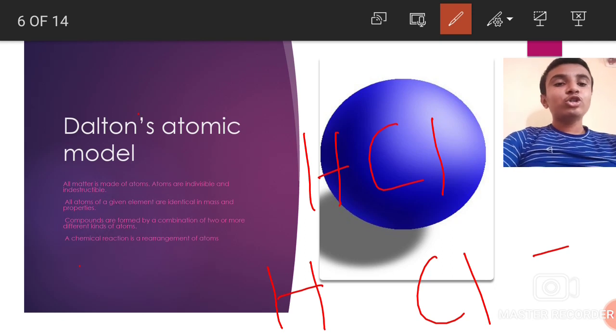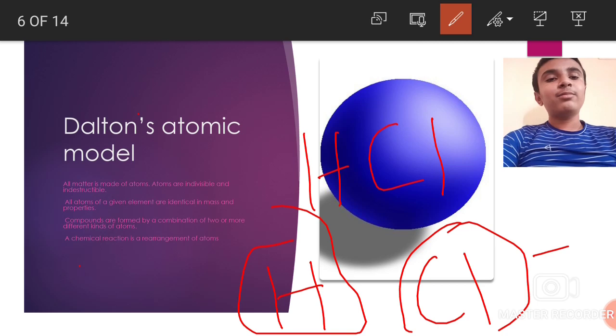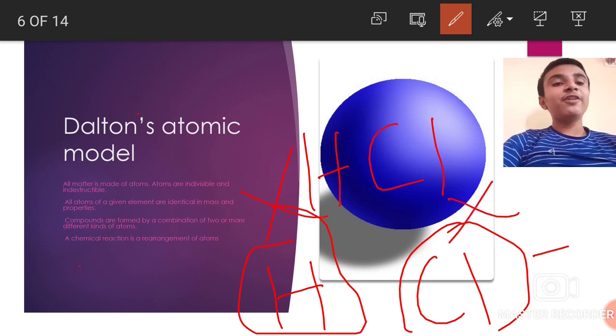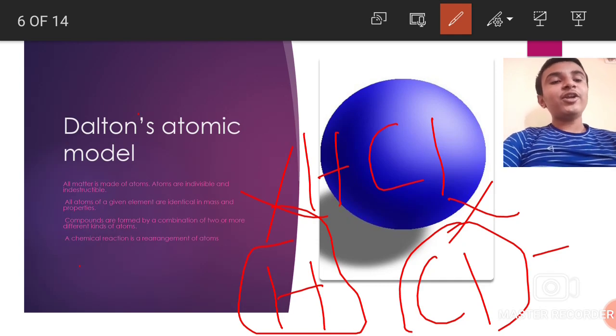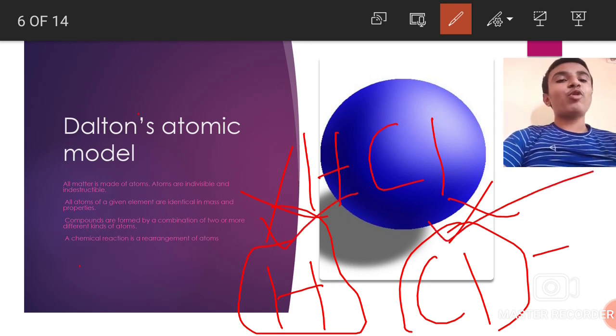Yes, friends. So he stated that this hydrogen atom and this chlorine atom are not identical. These are different. And when different atoms come together, they form a compound. So this hydrogen atom is different from this chlorine atom in mass and properties. When they come together, they form compounds.